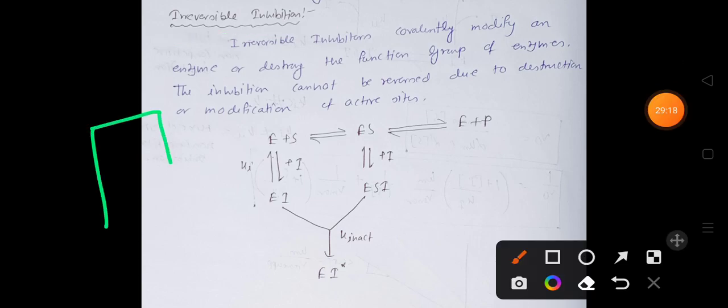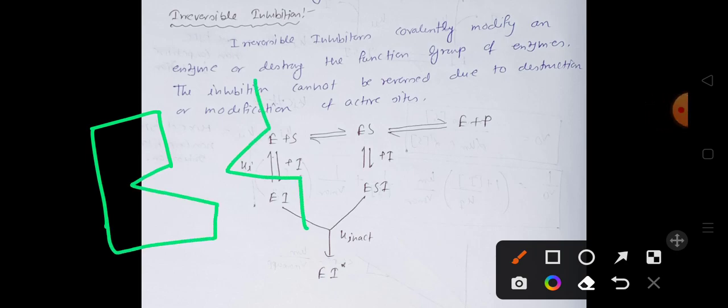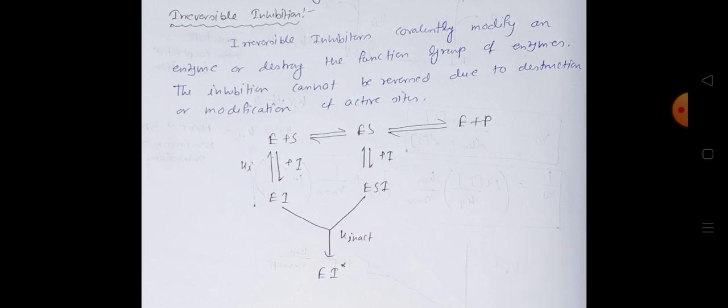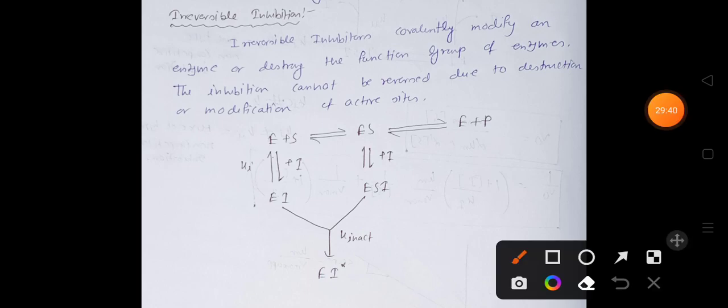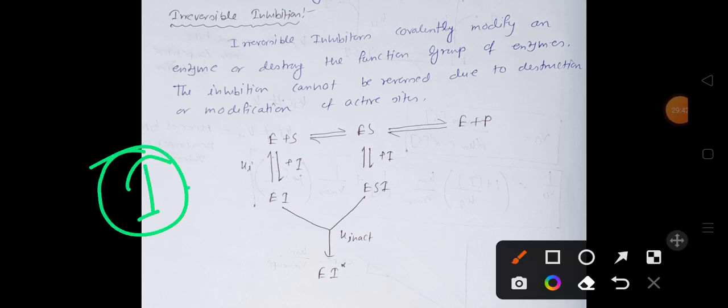The active site of the enzyme reacts with the inhibitor via a covalent interaction. That is one of the reasons we call it irreversible inhibition. And the main reason is that the inhibitor, by reacting with the enzyme, will either modify the enzyme or destroy the functional group present on the active site of the enzyme.